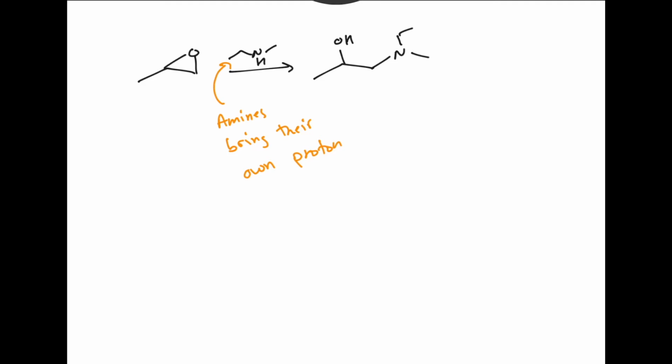If you look at this, I have a hydrogen on my nitrogen. In the product, that hydrogen is gone, and now I have a hydrogen on my oxygen. I didn't have to add acid at the end because as I added the amine, the oxygen took the proton off the amine. So this is the one example where it's under basic conditions, but I don't have the then H plus because it brought its own proton with it.